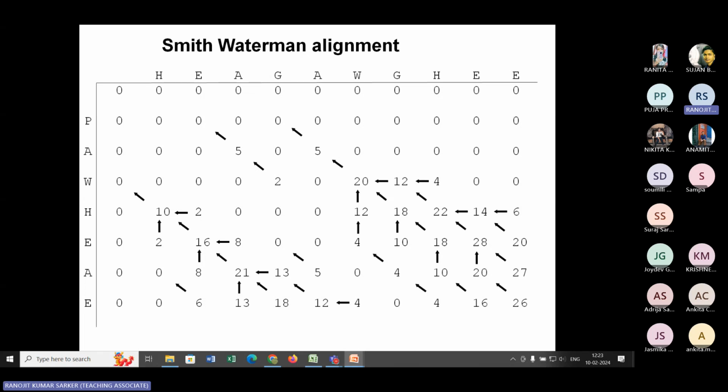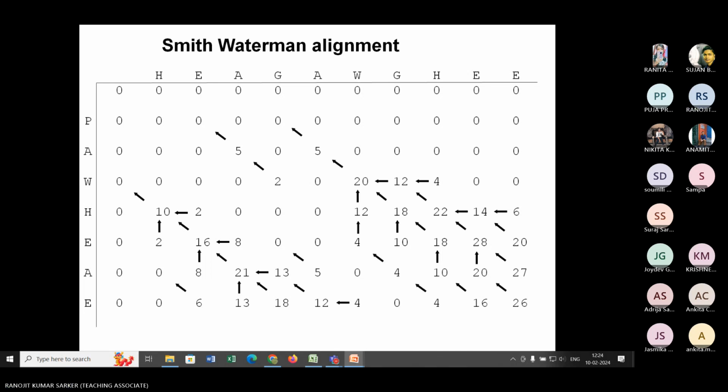Now, like Needleman-Wunsch, all the other rules and regulations are exactly the same in the Smith-Waterman algorithm. So this scoring matrix, after the cell-wise score calculation, looks like this. That was quite different in the case of Needleman-Wunsch, right?